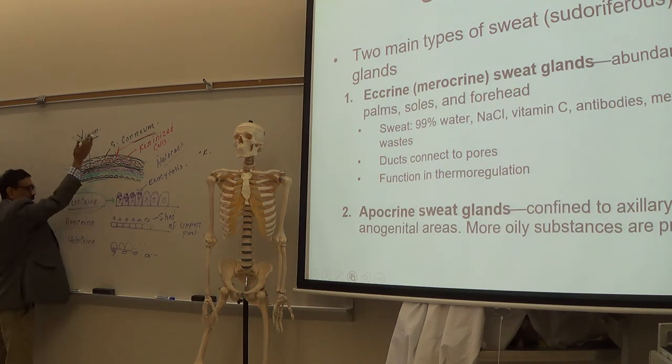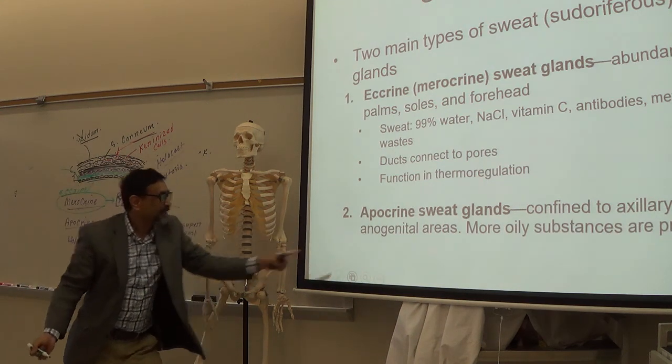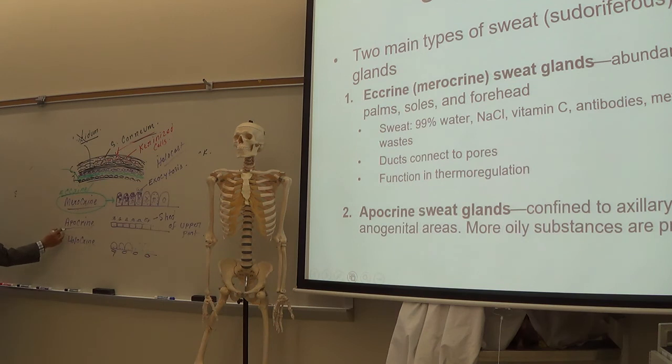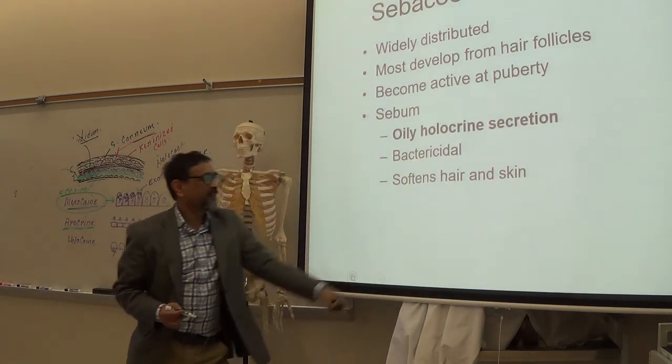Vesicles are formed, then secretion occurs. Apocrine sweat glands cause secretion this way: the upper portion of the cells will be destroyed. So these are two types of sweat glands, eccrine or merocrine and apocrine, and the sebaceous gland, holocrine secretion.